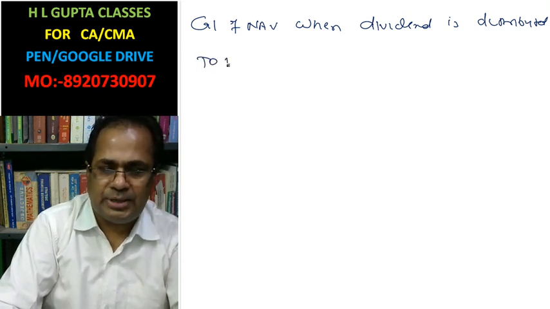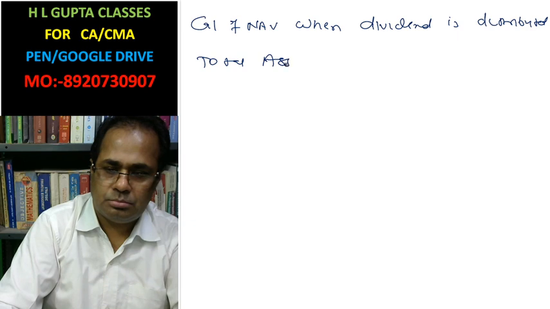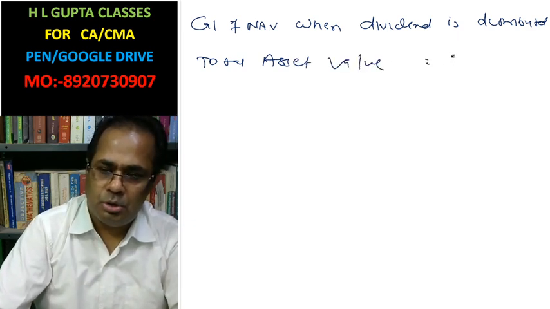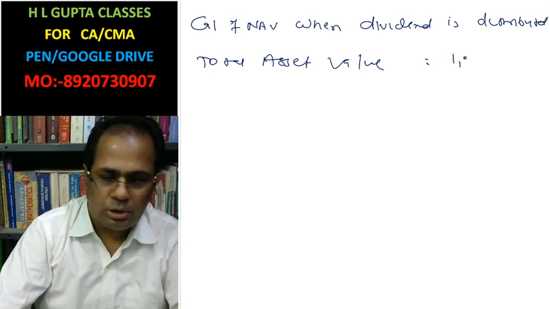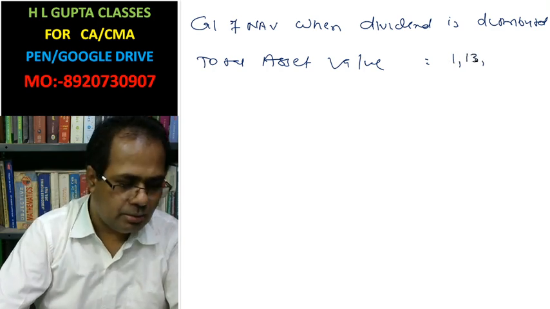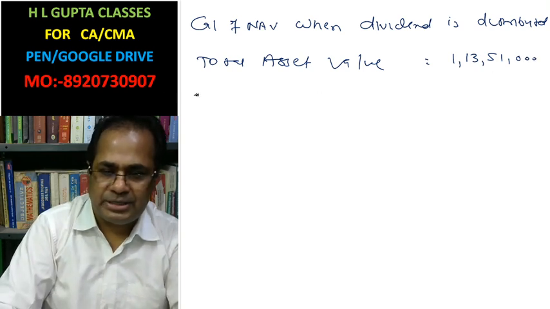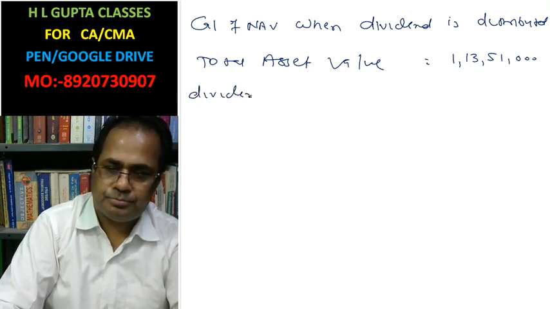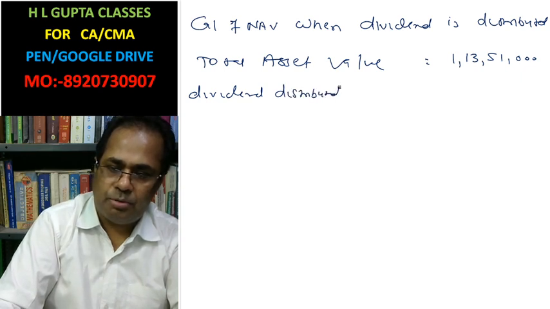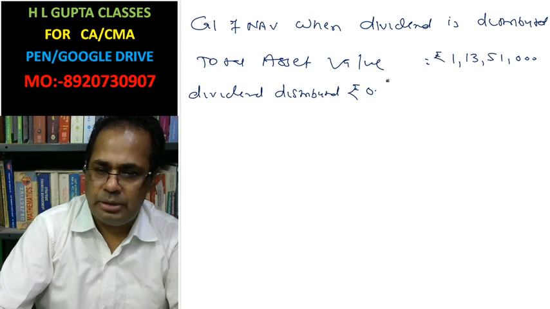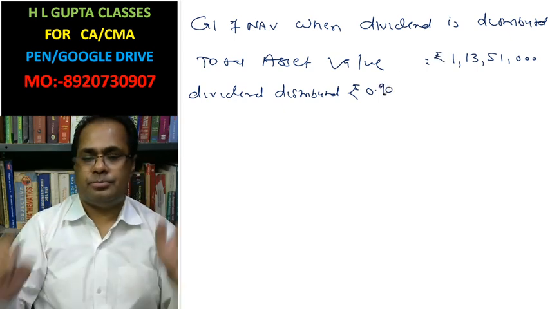Total assets value is 1 crore 13,51,000. Dividend distributed is 0.90 per unit.